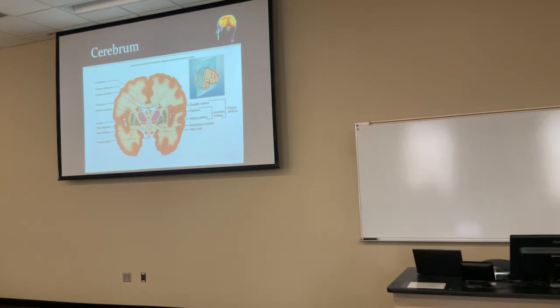In the roof of these lateral ventricles, there's another choroid plexus that secretes cerebrospinal fluid, and that circulates throughout all the ventricles and then surrounding the brain. In addition, you can see that there's a thin layer of gray matter on the outside of the cerebrum. That's called the cerebral cortex.